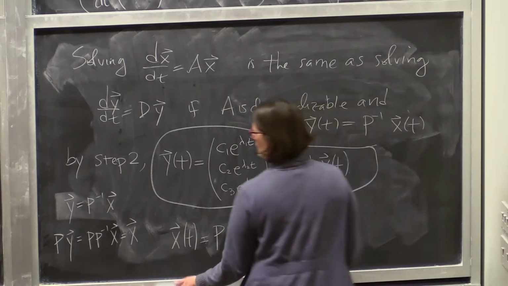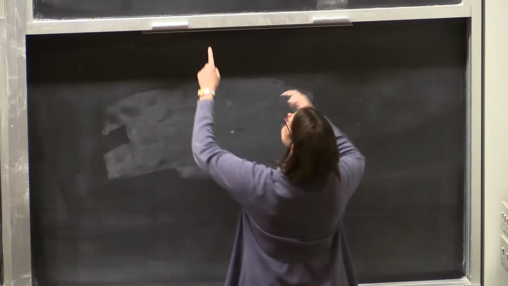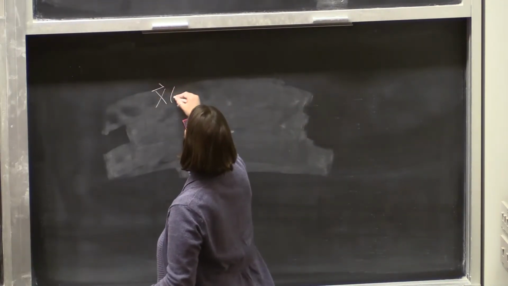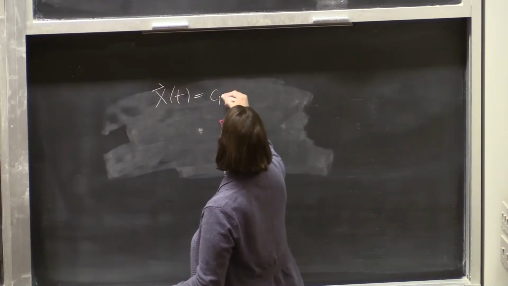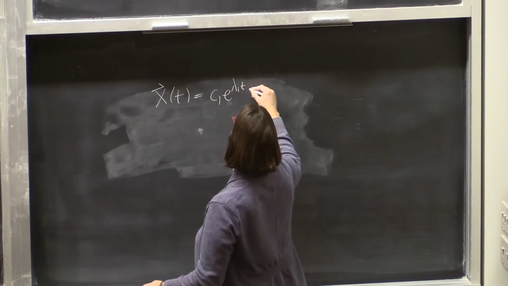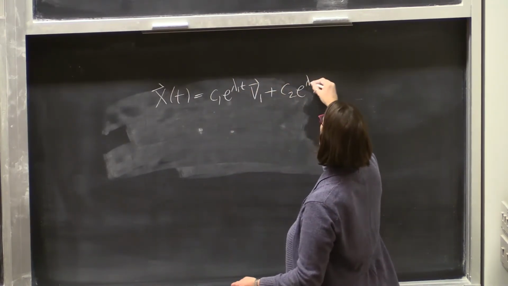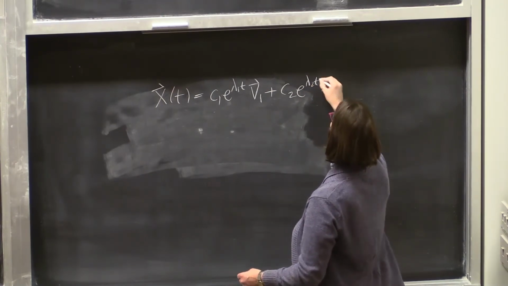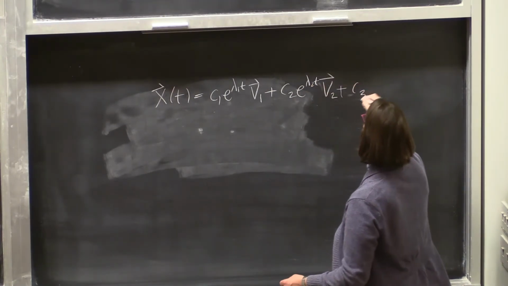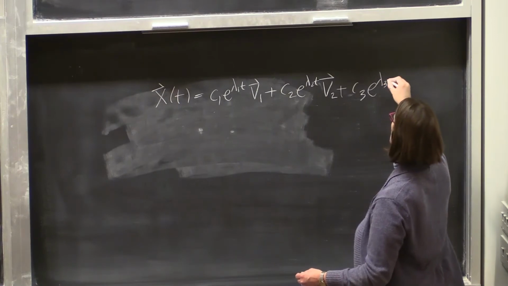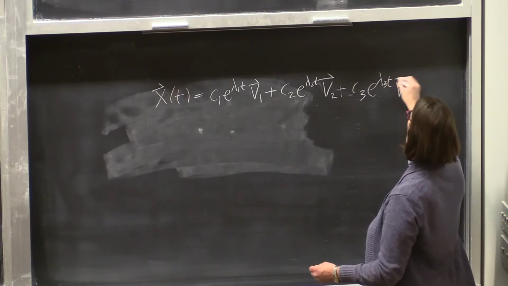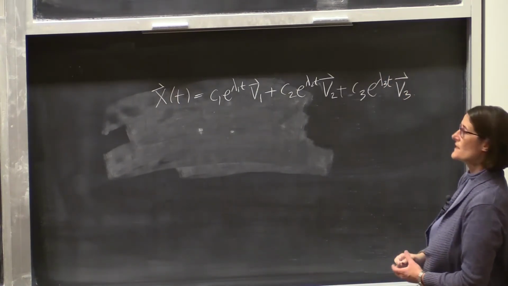And if I write that out, I have x of t is c1 e to the lambda 1t times the first column of p plus c2 e to the lambda 2t times the second column of p plus c3 e to the lambda 3t times the third column of p.